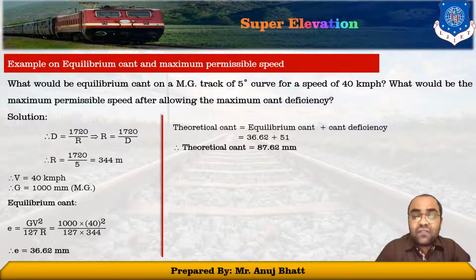Then from that value of theoretical cant, we can find the value of permissible speed.